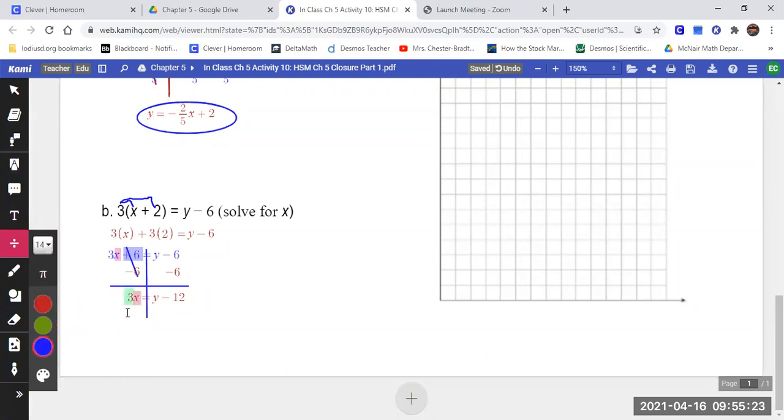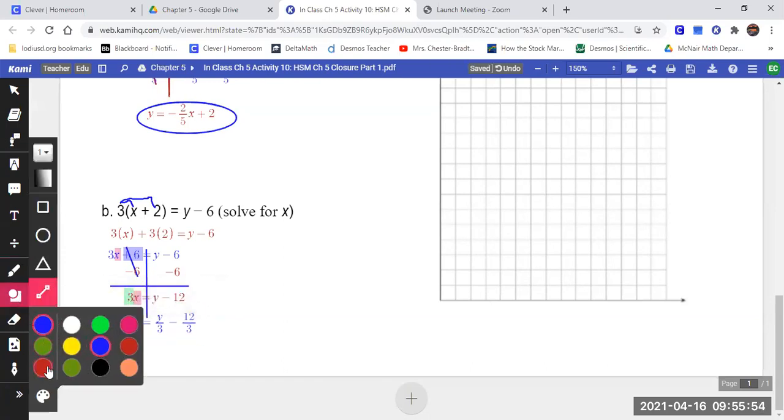So what are we going to do to get that 3 out of there from all pieces? Divide all pieces by 3. Yes, 3x divided by 3 has to equal the y divided by the 3, minus the 12 divided by the 3. All pieces, get that divide by 3 individually.